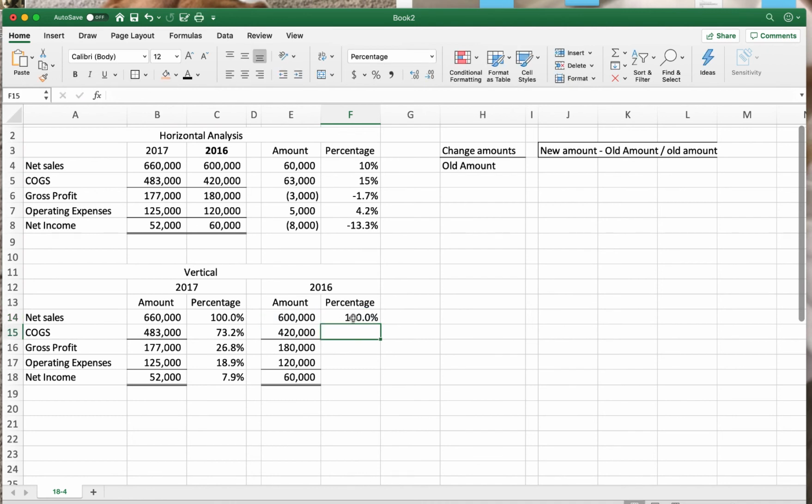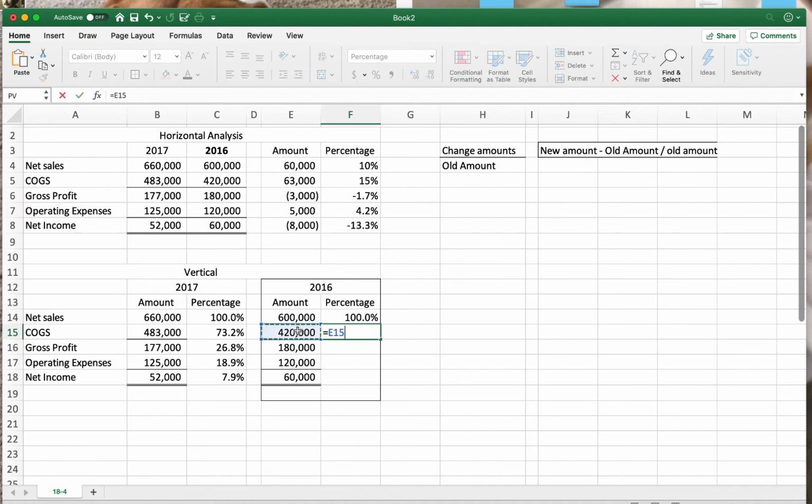I get 100%, okay? The key is when we're doing vertical, we're only focusing on this income statement. If I'm doing 2016 vertical analysis, I will never, ever look to 2017. That's horizontal analysis. We're doing vertical. So everything has to be within the same year.